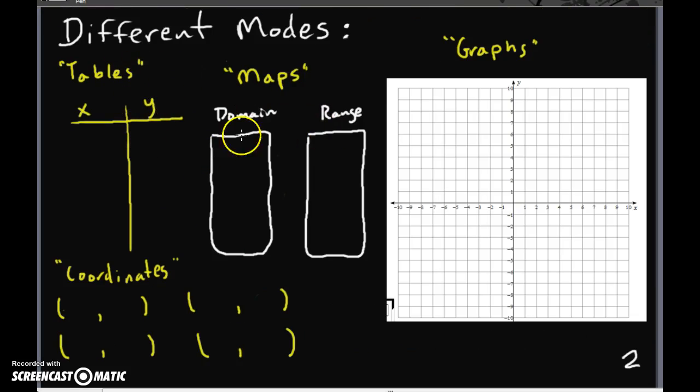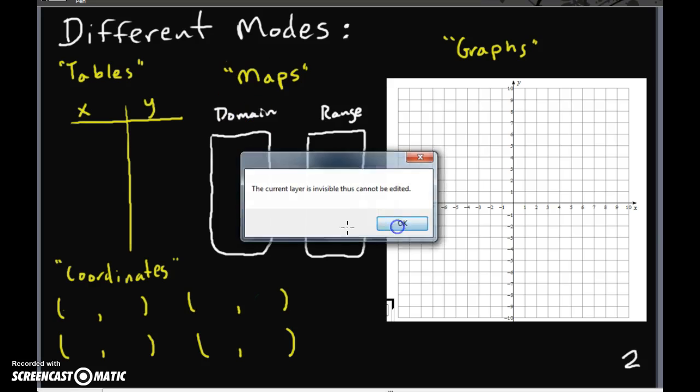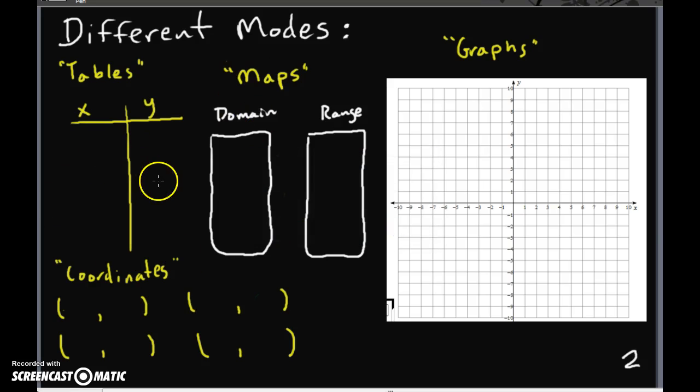Let's go over what the different forms look like. So we're going to use the same information to represent it 4 different ways.